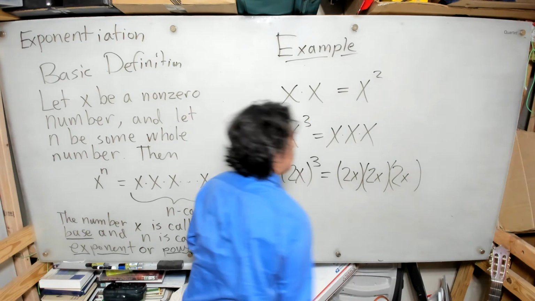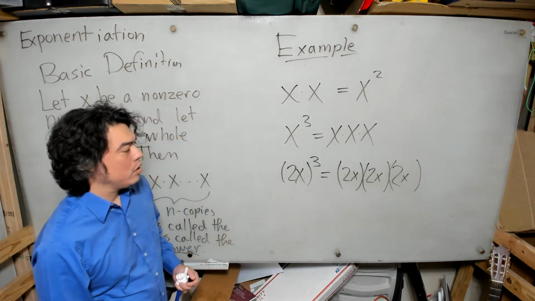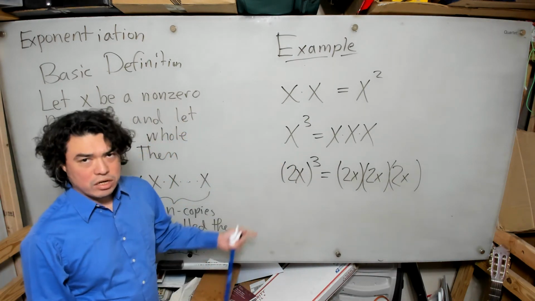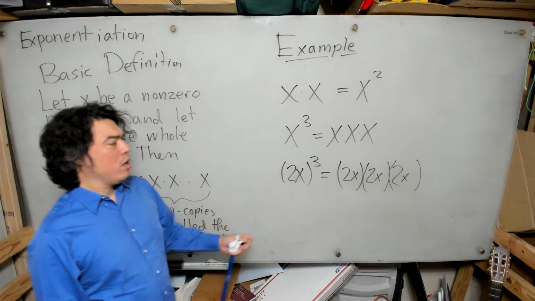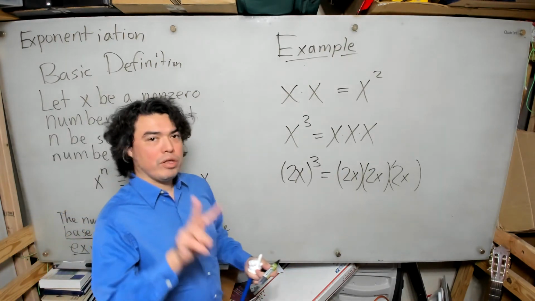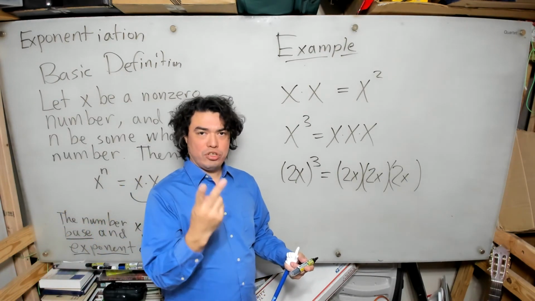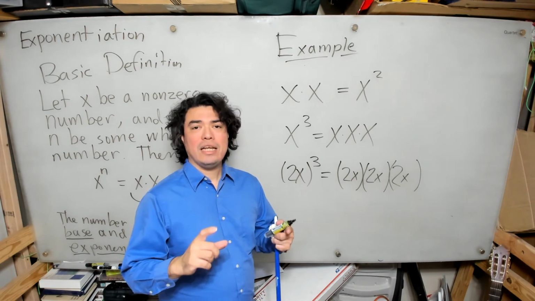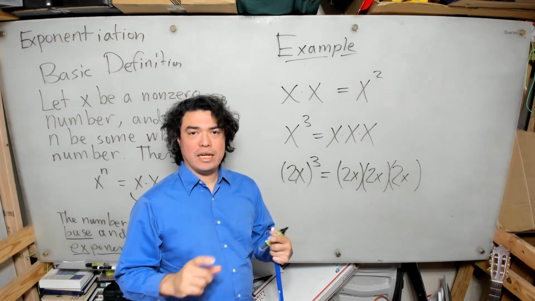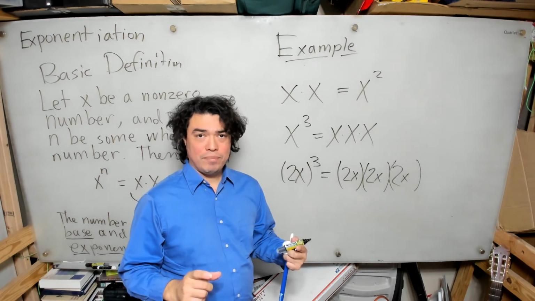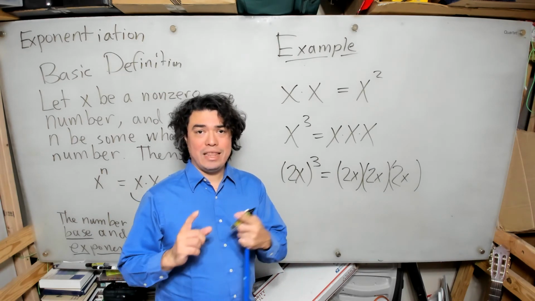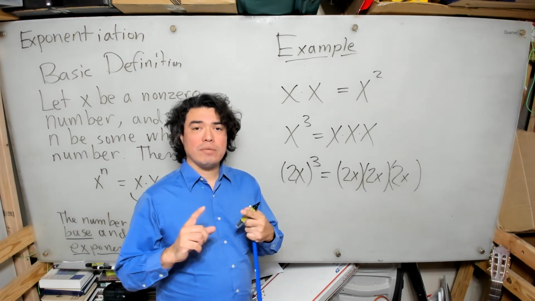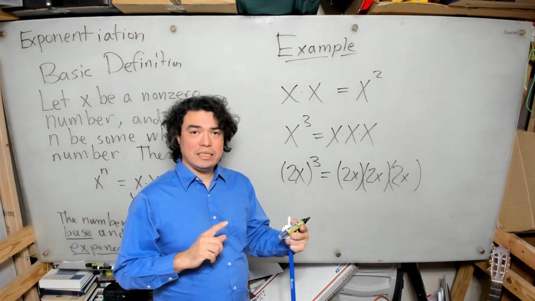Now, I'm not going to go into the full detail right now, but basically, we know that multiplication is commutative, that you can interchange the order, and also that multiplication is associative. That is to say, if you were to have 3 numbers, like let's say a, b, and c, and you multiply a and b first, and then multiply by c, that'll give you the same result as a times bc.